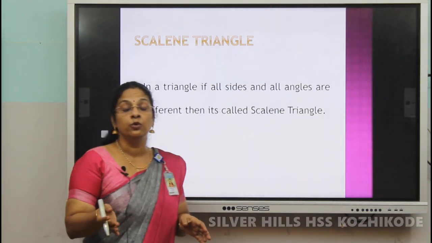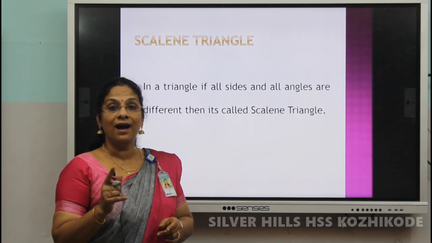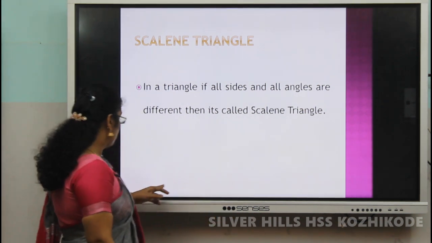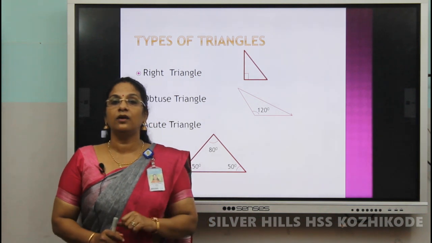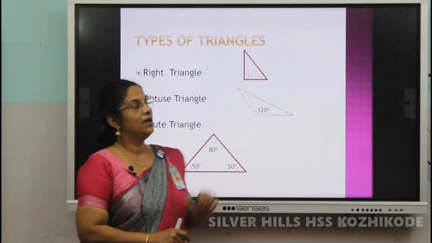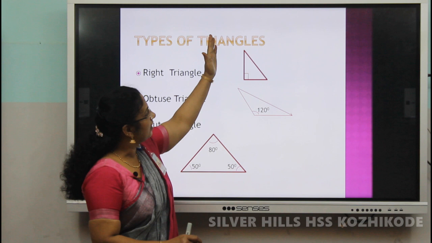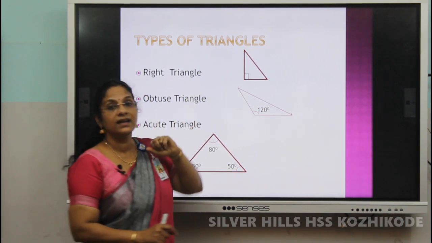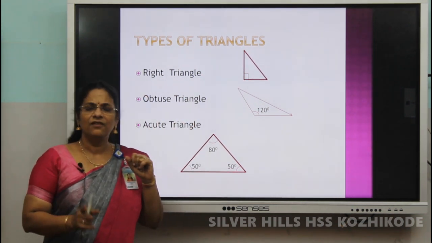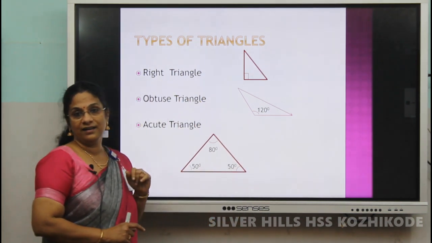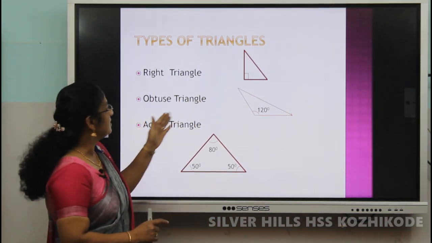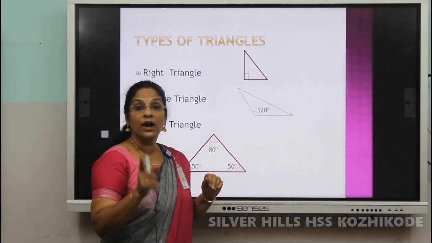Next we can move to triangles based on angles. That also you may remember. What are the different types of triangles based on angles? Yes, look at the board. First triangle, a triangle with one angle of 90 degree. It is a right triangle. Then next is one angle of 120 degree.